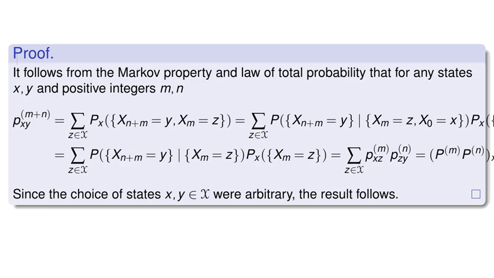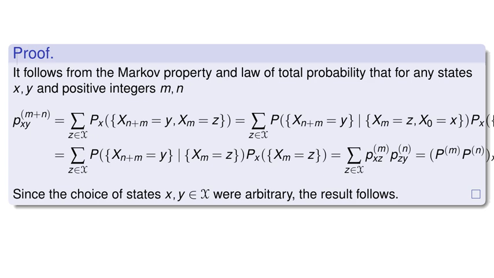It follows from the Markov property and the law of total probability that for any states x, y, and positive integers m and n, p_{xy}^{m+n} equals the sum over z in 𝒳 of P_x of the set X_{n+m} equals y and X_m equals z.